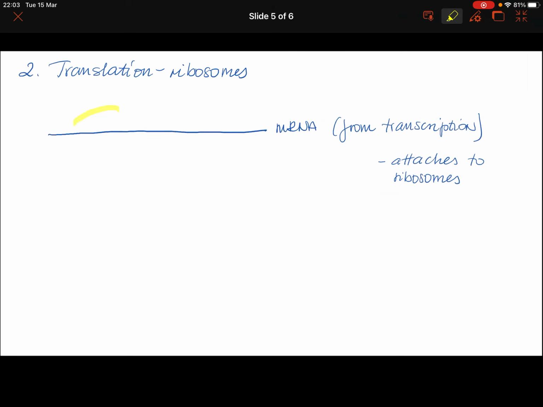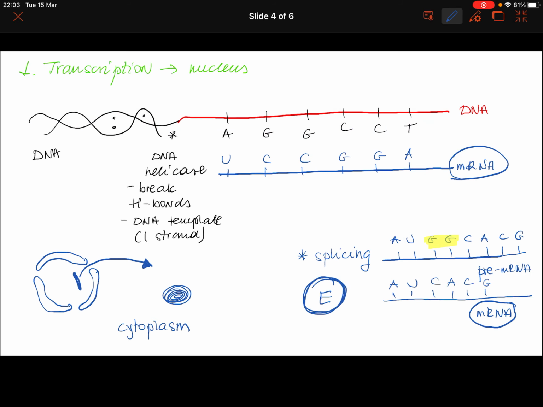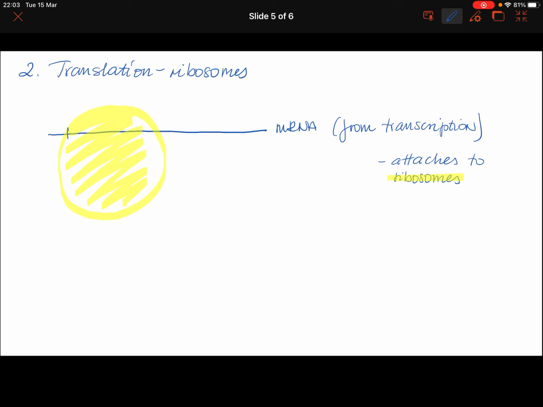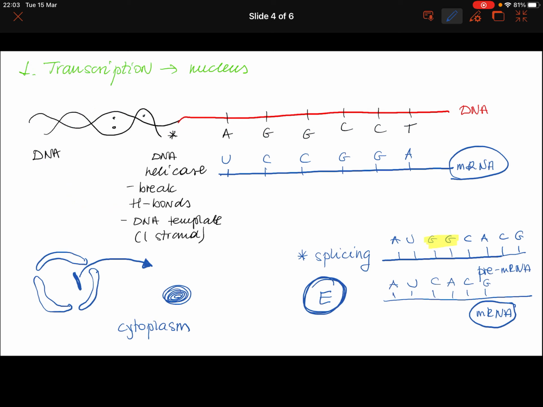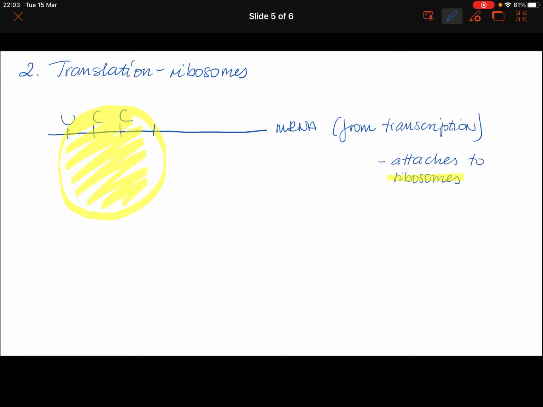Okay, so I'm going to here draw a large ribosome. So this is the ribosome. Okay, let's just come back to the bases that we had on mRNA. Just going to go off the ones we had there. So U, C, C, G, G, A.